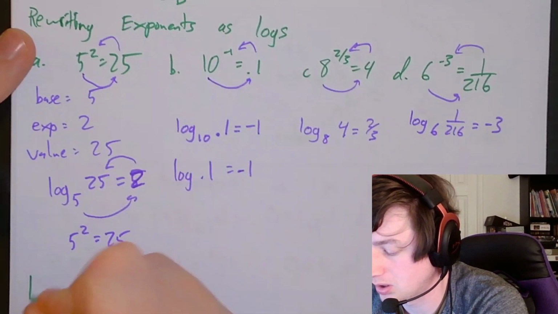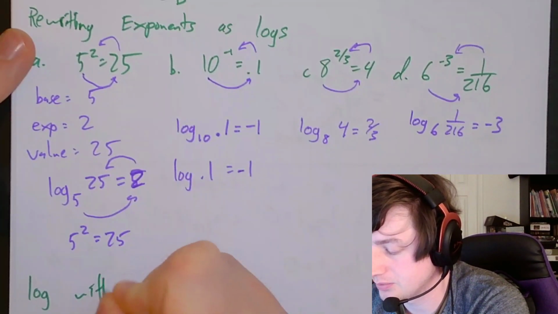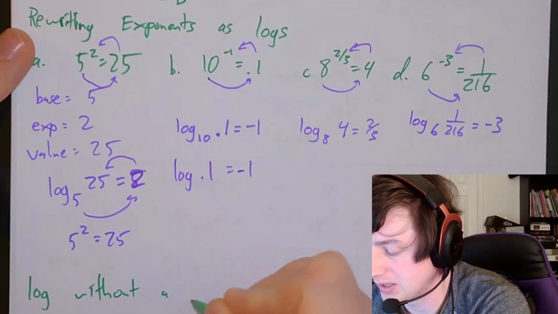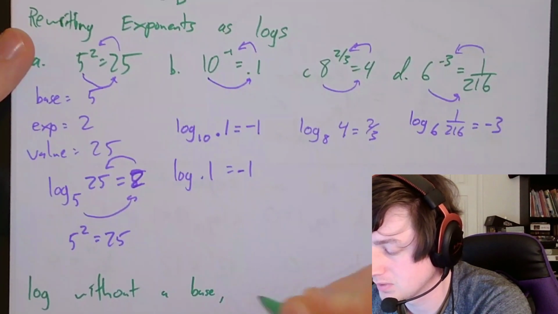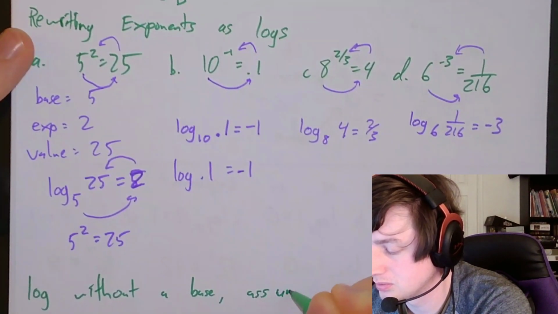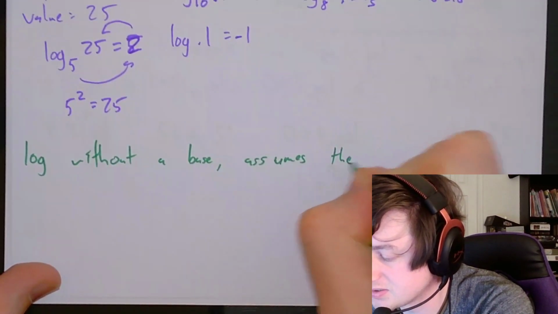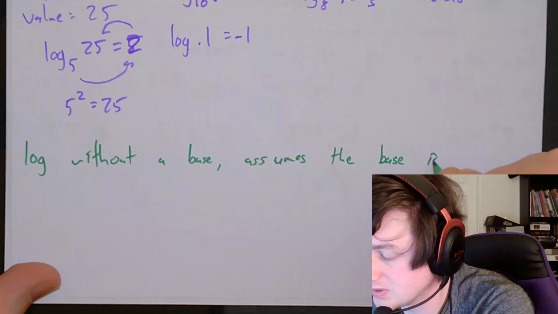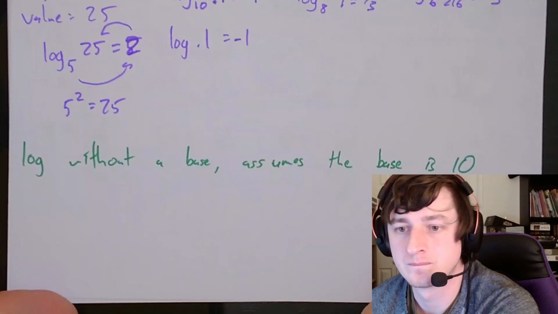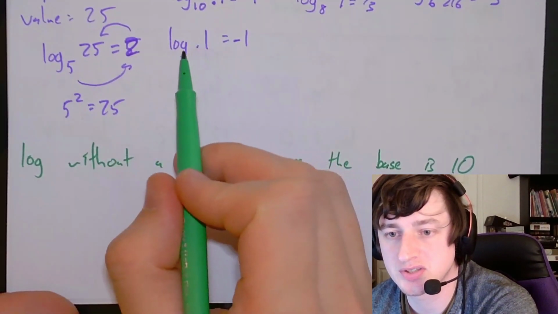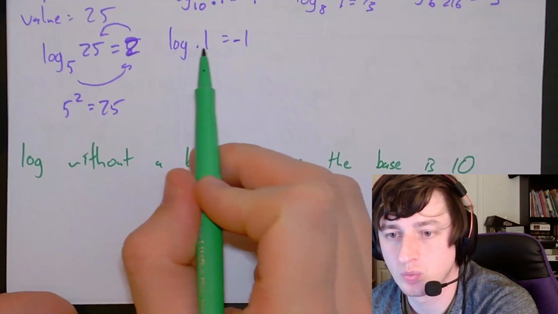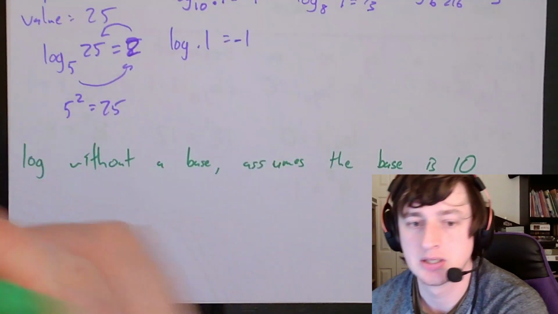So log without a base assumes the base is 10. Okay, so for this, we just need to type in our calculator log 0.1, and we should get -1.